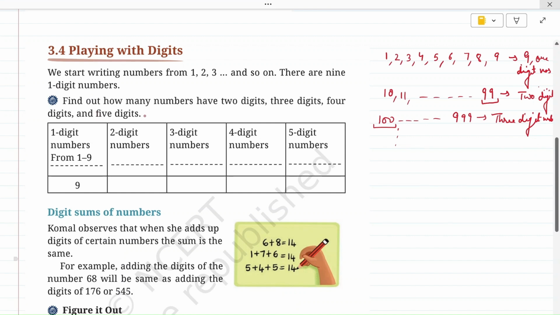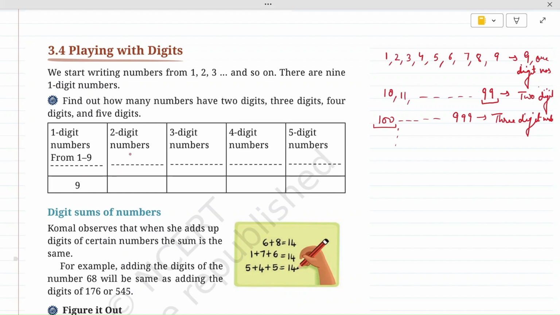Find out how many numbers have 2 digits, 3 digits, 4 digits and 5 digits. So what we have to do here is find the numbers in these brackets. For the 1-digit numbers, 1 to 9, we have already written them.